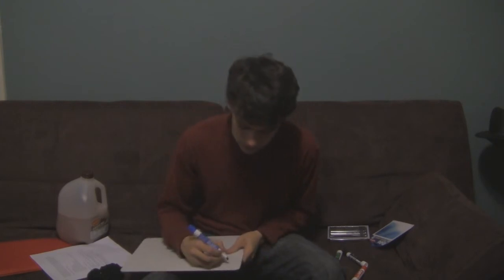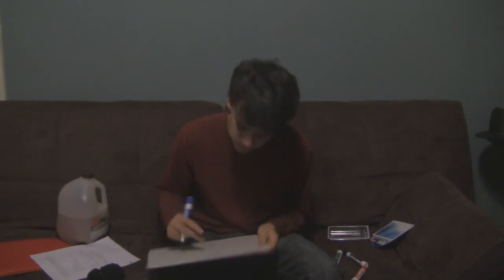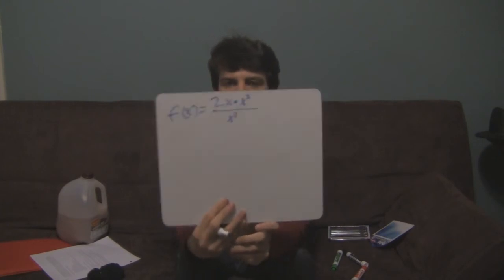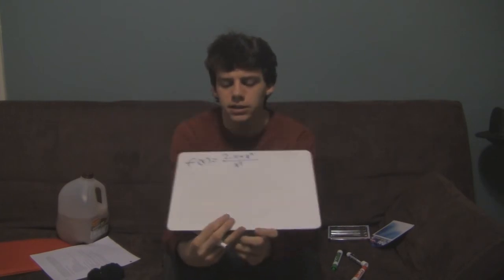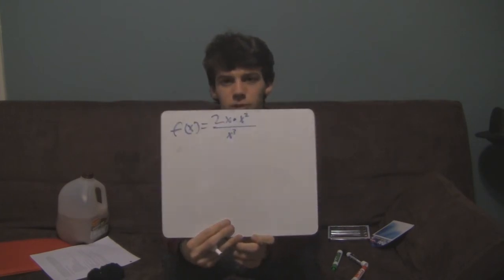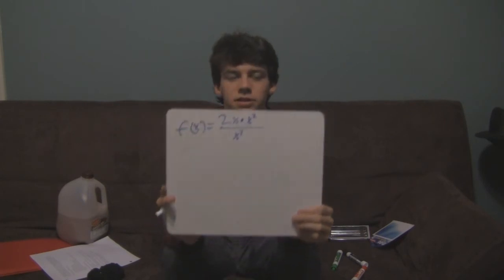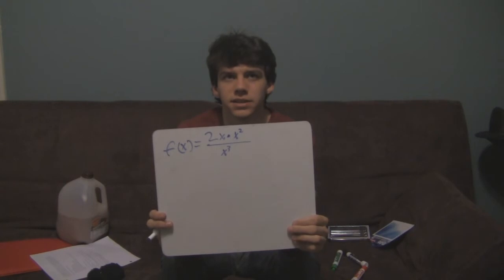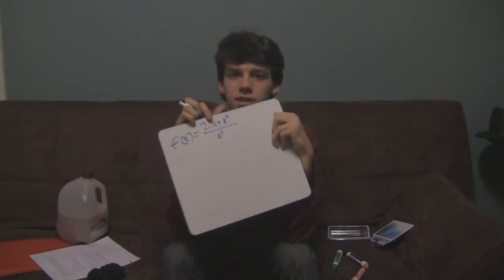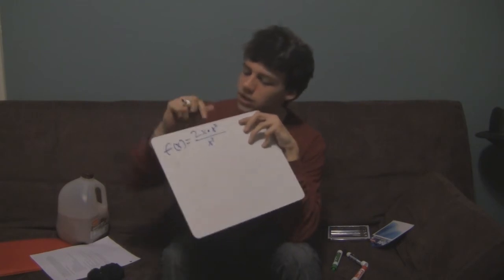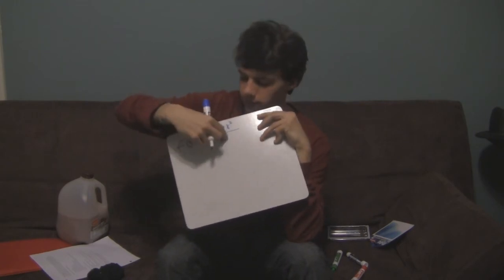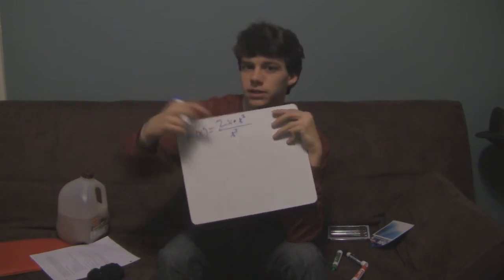Let's say you have something like 2x times x squared over x to the third. You can look at it and see what kind of overall thing it is, which in this case is division, because it's all of this over all of this.